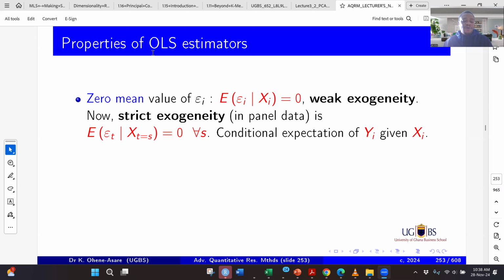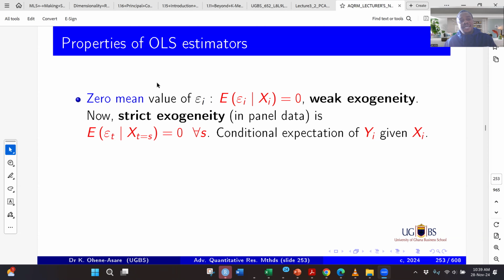So before you can undertake regression effectively, you have to assume certain things are there. If those things are not there, the regression is not great. So these are the properties of the OLS estimators. These are the assumptions of regression. They are sometimes called the Gauss-Markov assumptions, or the classical linear regression assumptions.